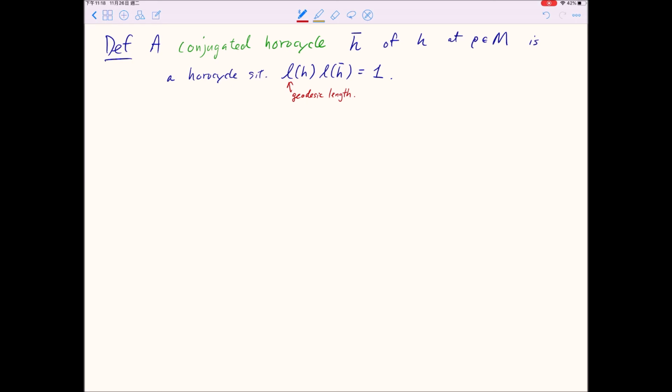So the horocycle is a circle. You can define the hyperbolic length of the horocycle, so it actually has a finite length.